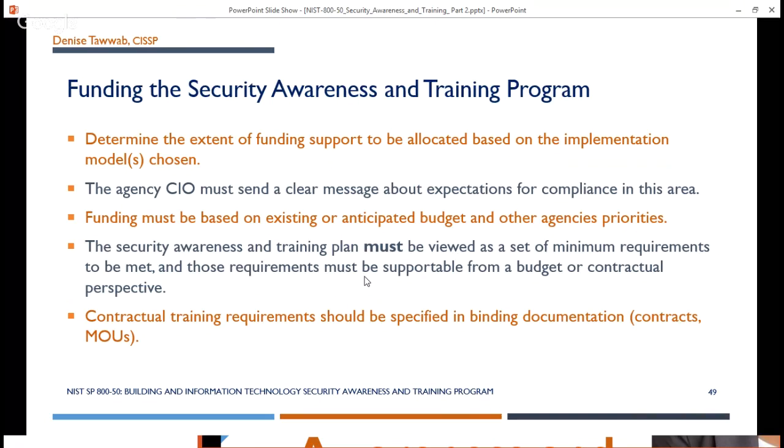The security awareness and training plan has to be viewed as a set of minimum requirements to be met, and those requirements have to be supportable from a budget or a contractual perspective. And the contractual training requirements should be specified in binding documentation, for example, a contract or an MOU.